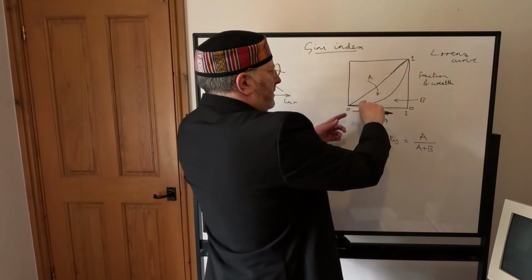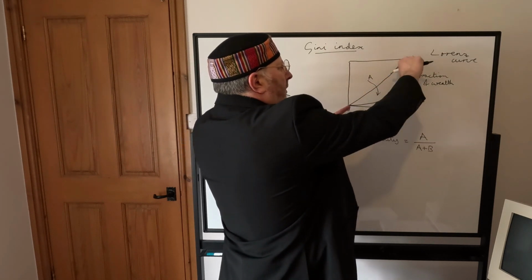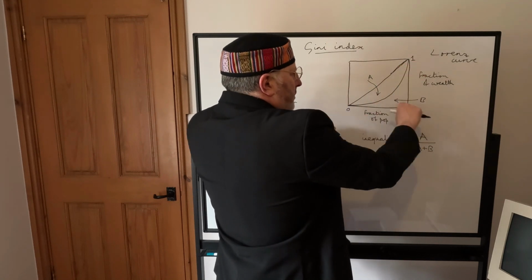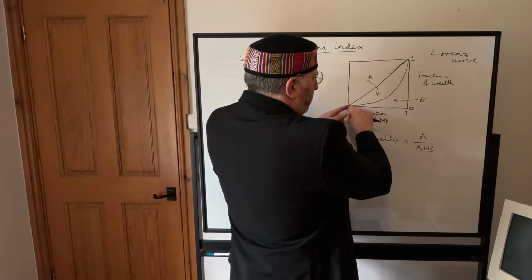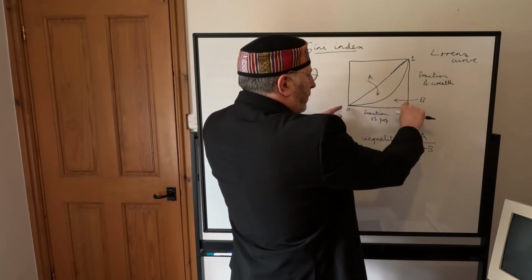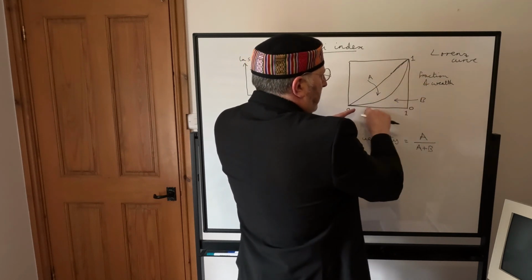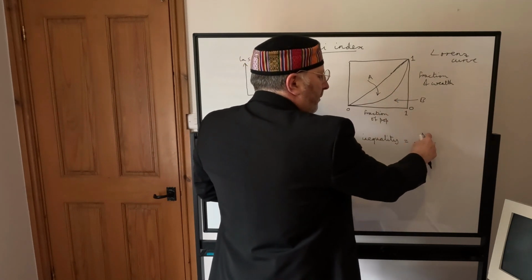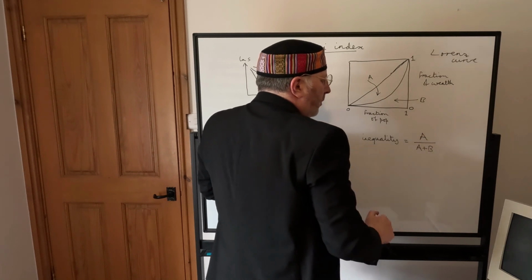So we said that if there were complete equality, it would go along this line. So A would be 0, and so this inequality would be 0. Whereas if one person had all the wealth and everybody else had nothing, it would go along the sides of the box here. So A would take up the whole of A plus B. So that would be A over A, B would be 0, so that would just be 1.